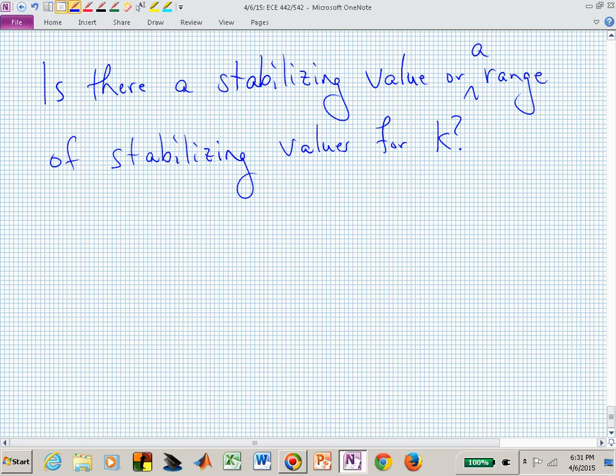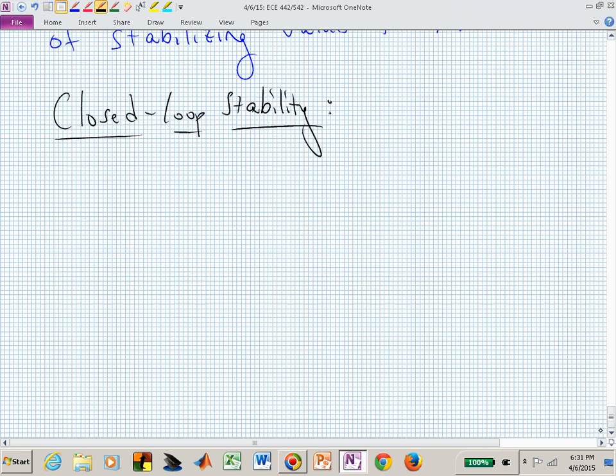Again, maybe this is in an interview, and what have you learned to do? Buy yourself time. To give yourself time to think. So you now start saying, oh, you wanted to know about the closed loop stability of this system. I'm assuming you were interested in the standard unity negative feedback configuration.